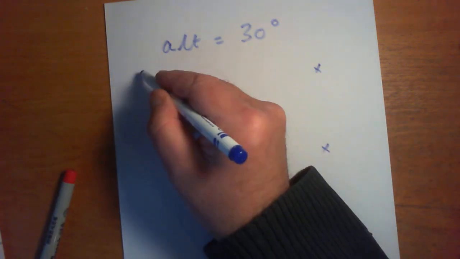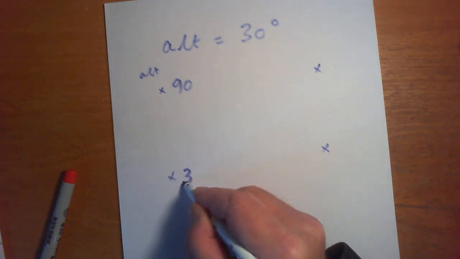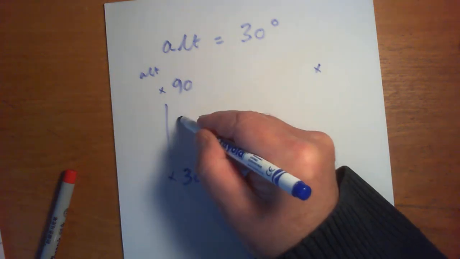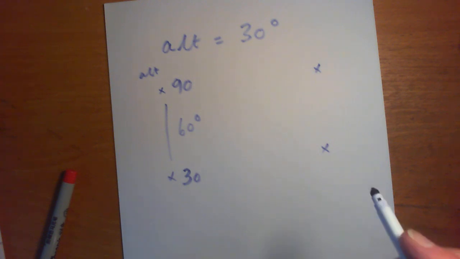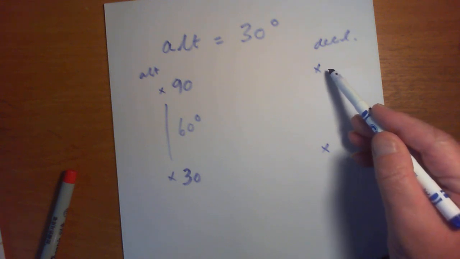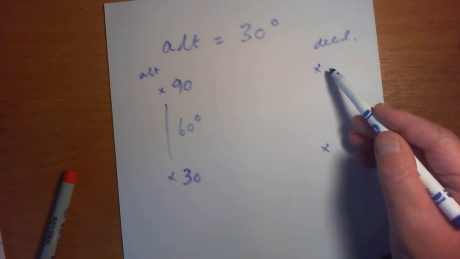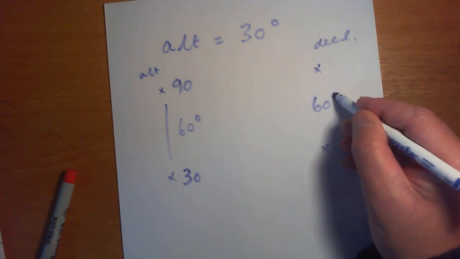So if this is altitude, then overhead by definition will be 90, and here's the star at 30. So that will have a difference of 60 degrees between overhead and this star. So what I'm saying is that when it comes to declination, from the declination of the stars overhead down to the declination of the star, that will also be 60 degrees.